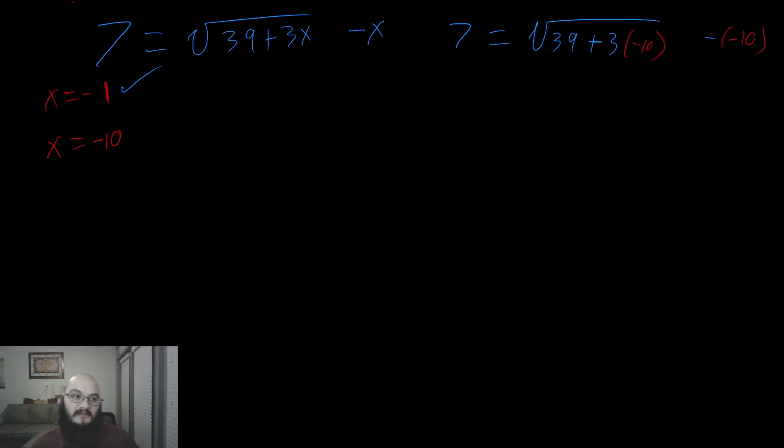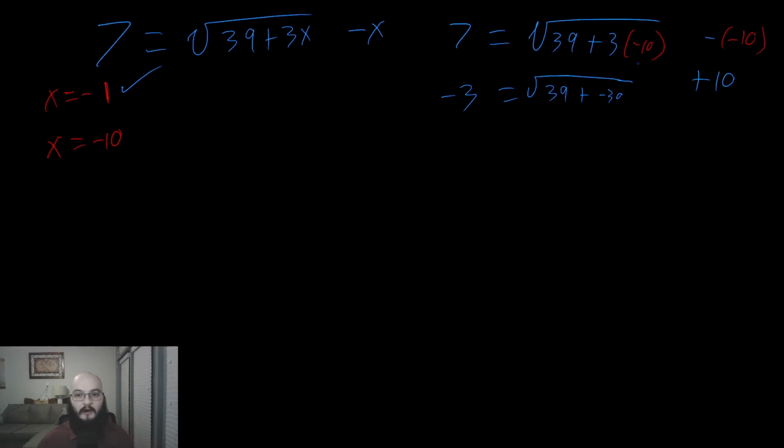Subtracting a negative, same thing as adding a positive, so we'll switch that around. This will be the same thing as adding 10. So let's subtract 10 from both sides to isolate the radical, and we will get -3 is equal to the square root of 39 plus -30.